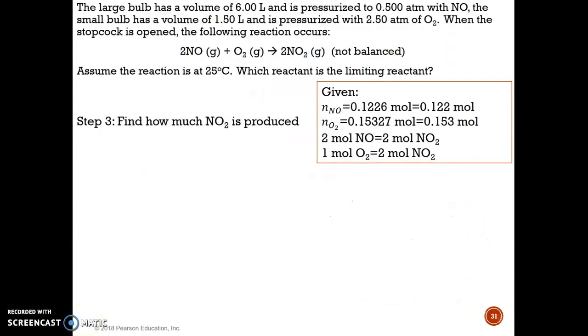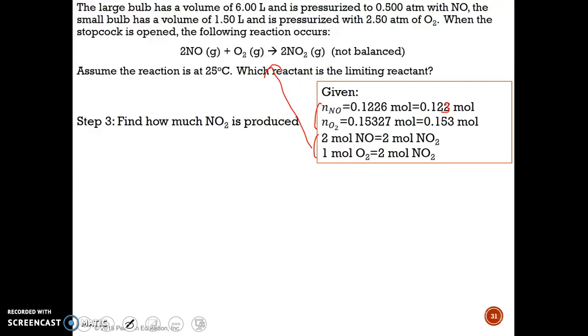So we can see here, I have the moles of NO and O2. I also need to know how much NO2 is produced. And remember, if we go from moles of one thing to the moles of the other, we have to find a mole ratio. So what I've given you is the moles that we just calculated and the mole ratios from the balanced equation.